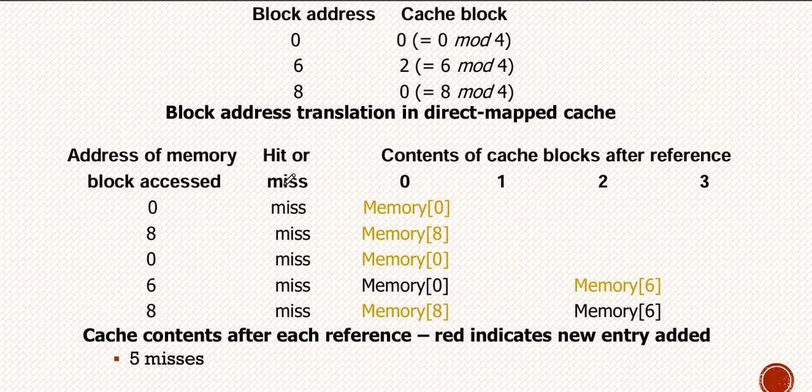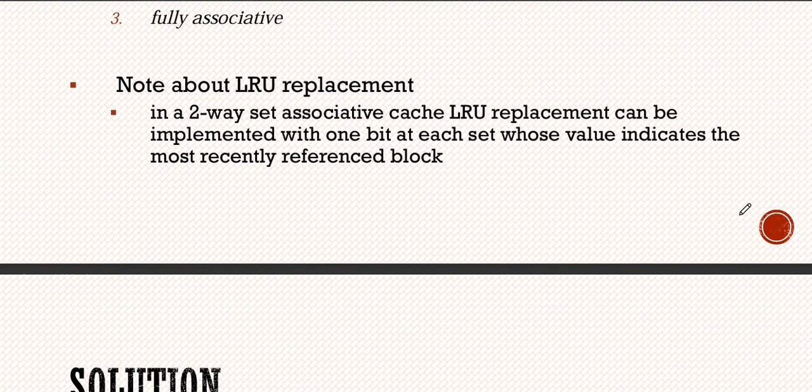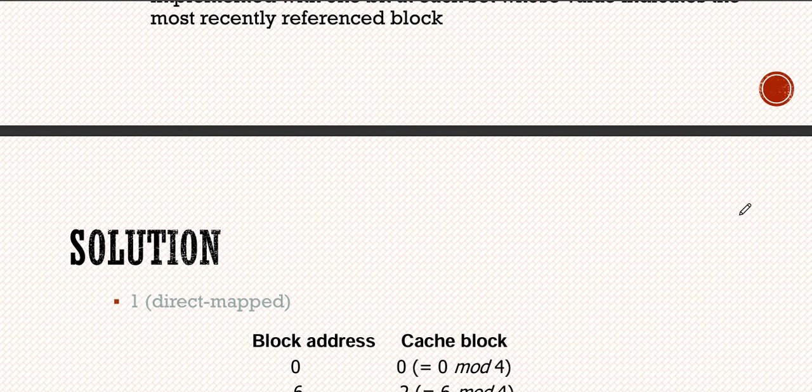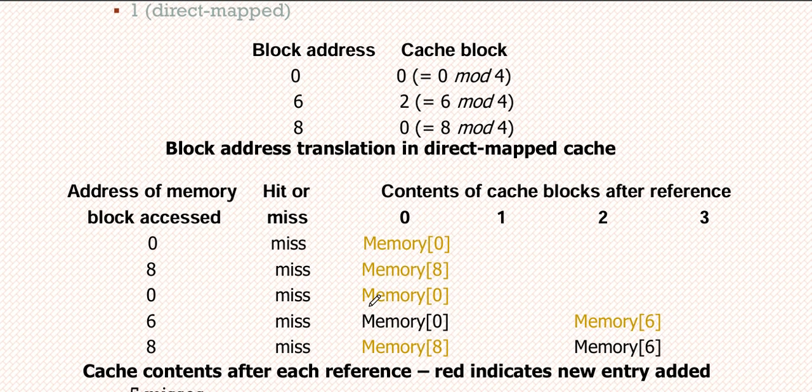Now we start the whole process. We can just draw a table: address being accessed, will it be a hit or a miss, and what is the content of the cache per reference. Now this cache has 1, 2, 3, 4 blocks because it's a 4-block direct map cache. The first time we try to access 0, it's not already in the cache, so we'll miss it.